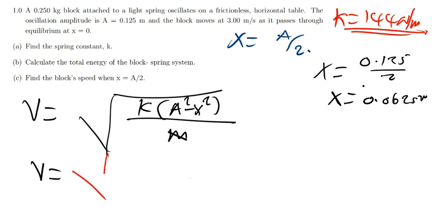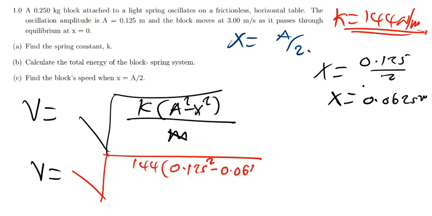So let's replace now the values. The square root of the k value is 144. The a is 0.125, squared, minus 0.0625, also squared. I divide this by the mass 0.250. So what will be our final answer?